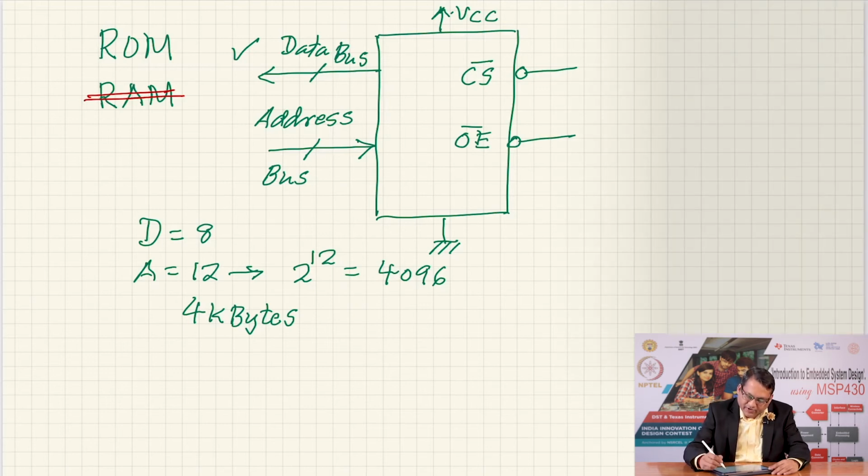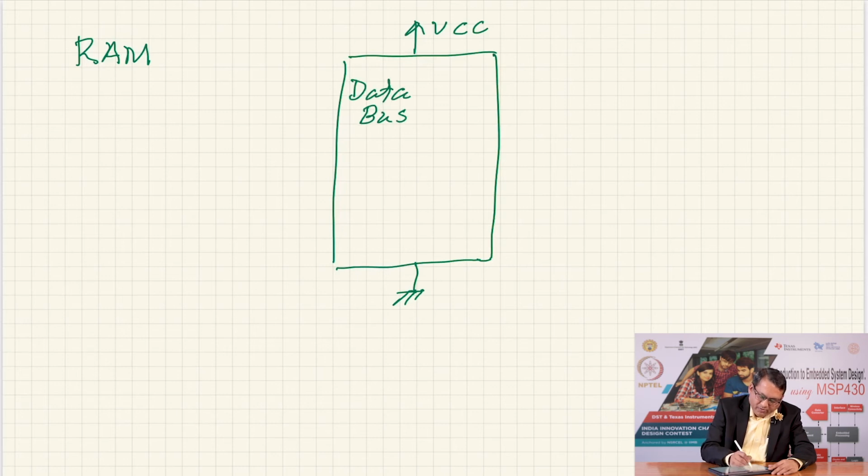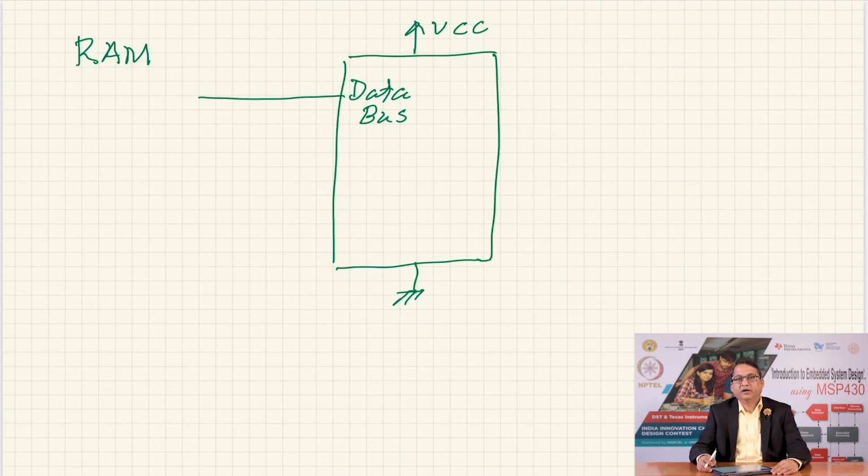Similarly, the way the RAM works is, for a RAM device, we have almost identical configuration except one more extra line. So, we have the VCC here, we have the ground, the data bus, I am going to write it here. Now, because it is a RAM, meaning you can read as well as write data, the data bus is bidirectional, and again it may have certain number of bits. Let's call them D number of bits.